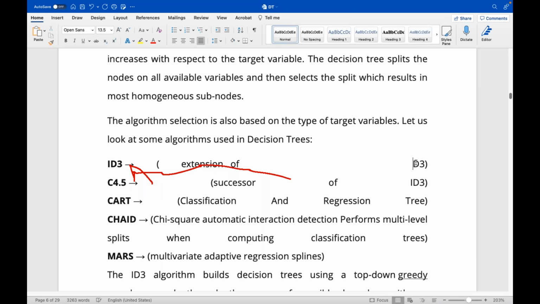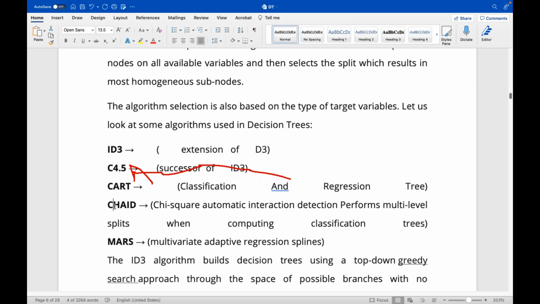C4.5 is the successor of ID3. CART means Classification and Regression Tree, and most decision trees work based on it. And we have one more, CHAID.